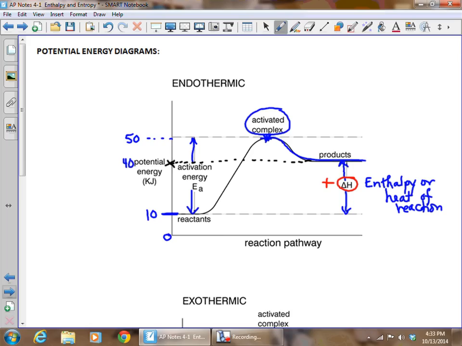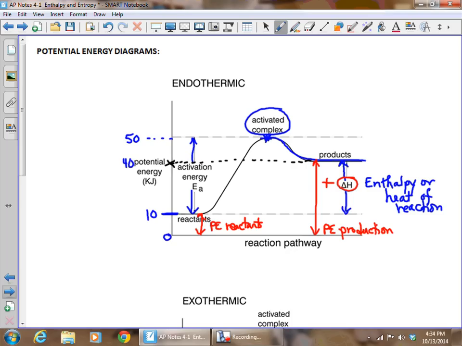So if you want to talk about the potential energy of the reactants, if you wanted to draw an arrow, would be here. The potential energy of the products would be here. And again, that difference is our delta H, our heat of reaction.